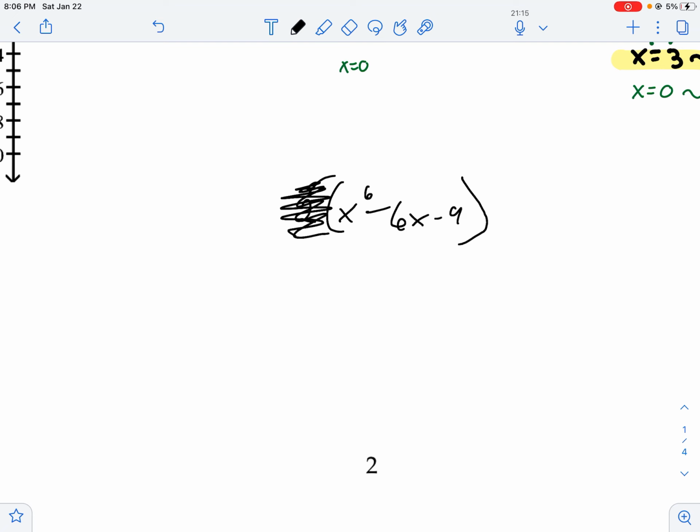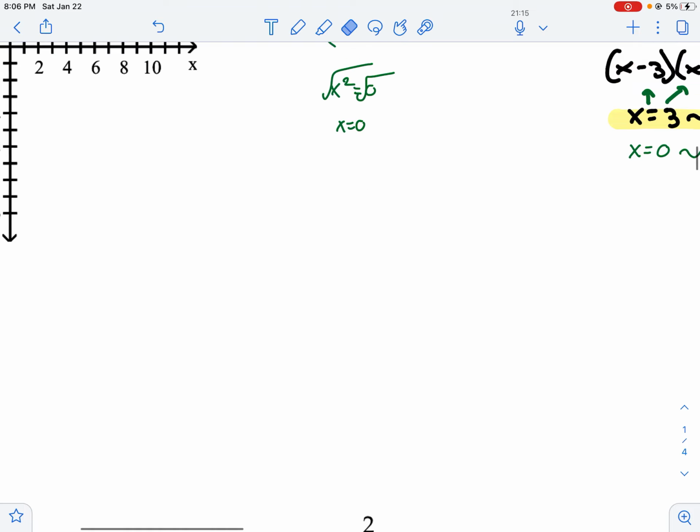You could care less about it, because it doesn't have an x attached to it. But because there is an x, that x also has to be equal to 0 because that x is a zero. So if it was just x, it would be x is equal to 0 with a multiplicity of 1, right? But now let's go back up here.